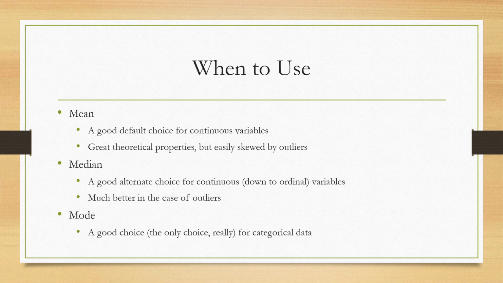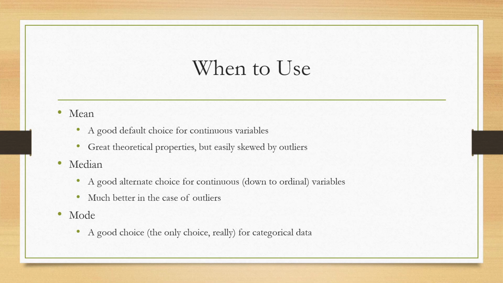The mode is a good choice for categorical data. It's really the only choice for categorical data. Mode doesn't really tend to work well. It can work well with ordinal, but it doesn't really work well with interval or ratio. So mode is what we lean for with categorical data. And there's a ton of categorical data. It's really good to know. How many males versus females were in the study?